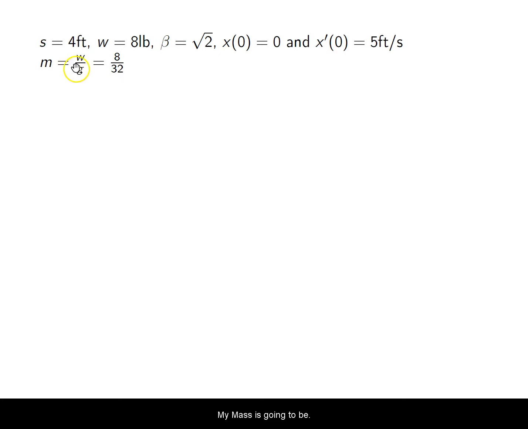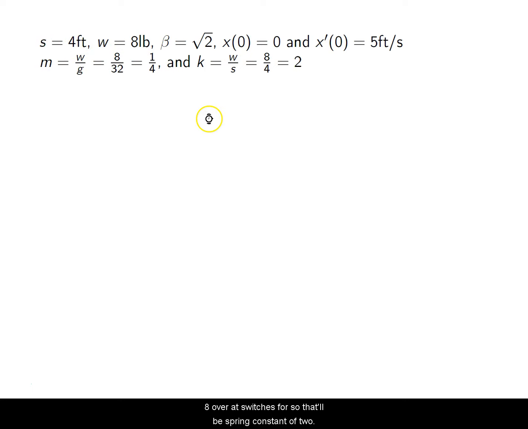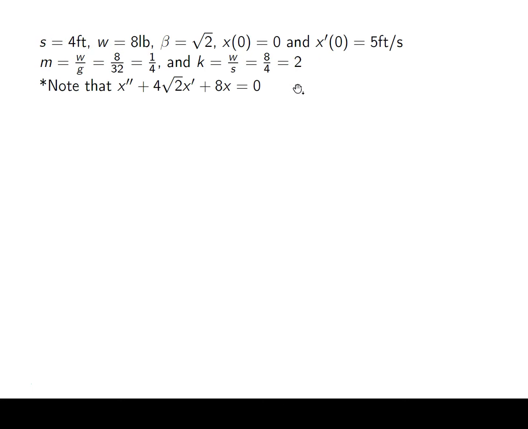So I have my info. My mass is going to be my weight over the gravitational constant, or 8 over 32, or 1/4. K is mg, and mg is the same as weight. So K is W over S, or 8 over S, which is 4, so the spring constant is 2. Note that if I wanted to start from scratch, this is what my equation would be.